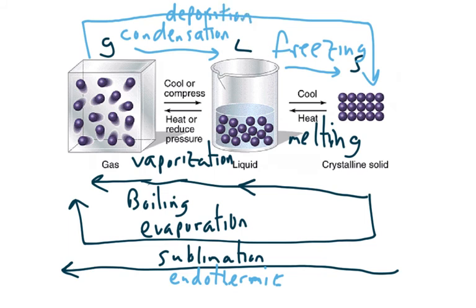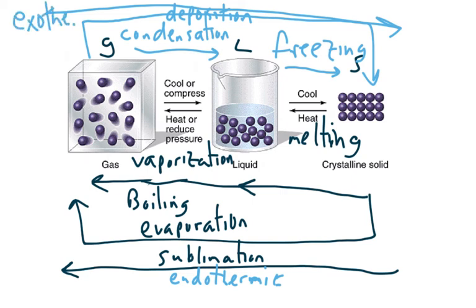So any process in which you're going in the opposite direction, as I did on the bottom, in order to go from a gas to a liquid or from a liquid to a solid, you're releasing energy. So those processes would be exothermic.